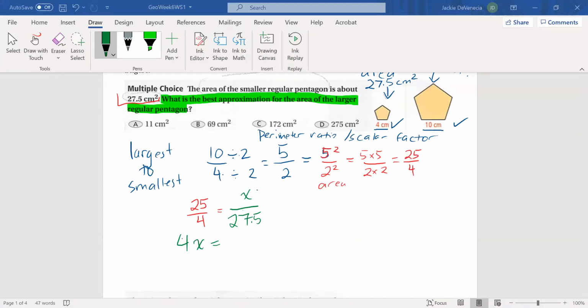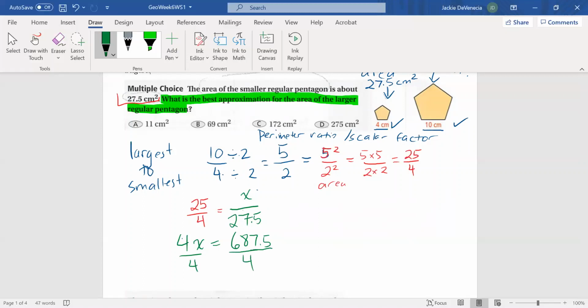So that would be 687.5. I just have my calculator off screen. So 687.5, and then you want to divide both sides by 4.